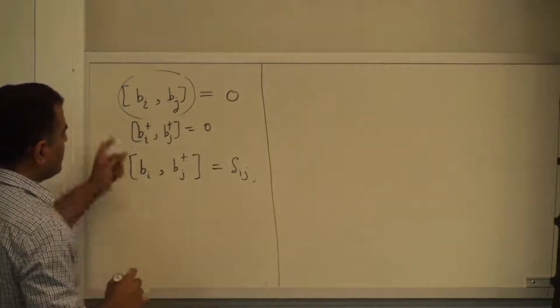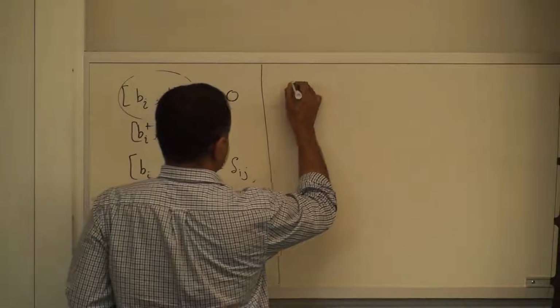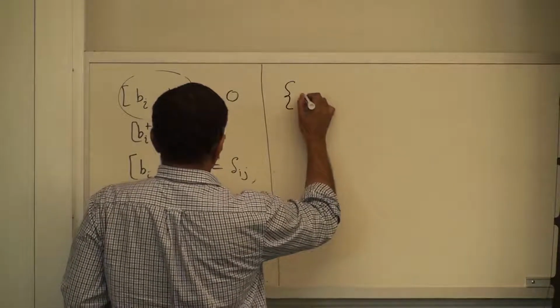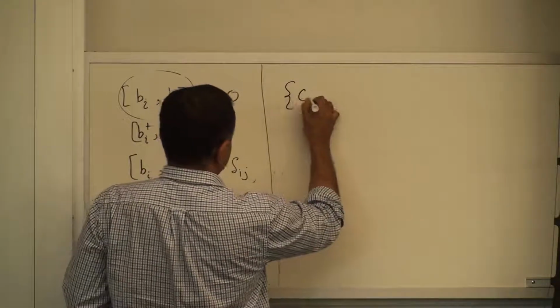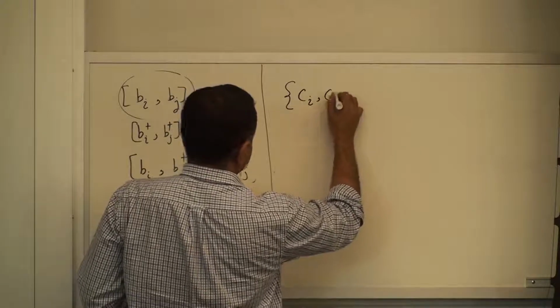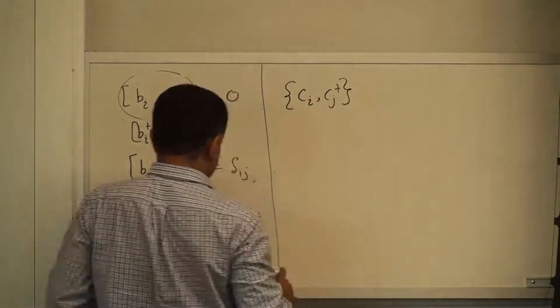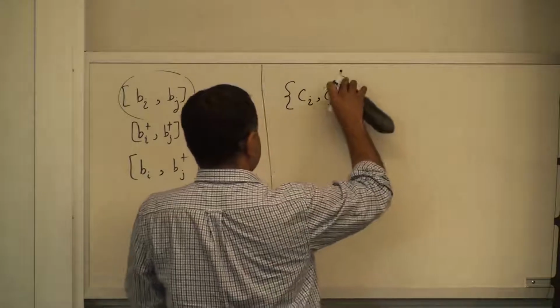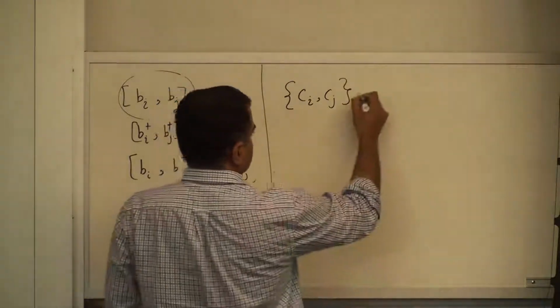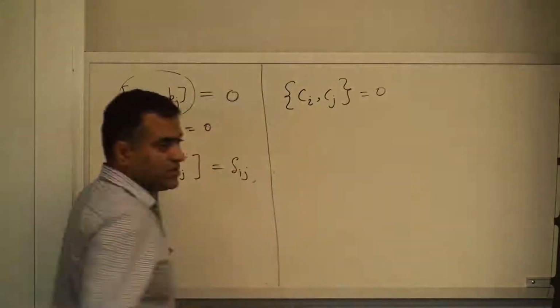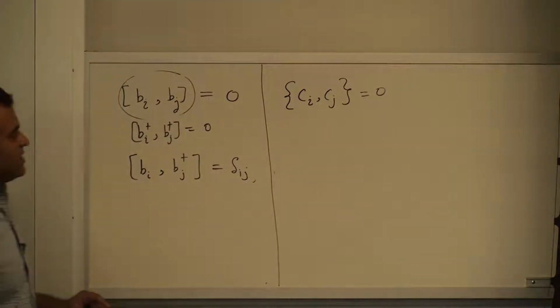And for fermions, on the other hand, we are using this anti-commutator relation, meaning this curly bracket, and we are using C_i, C_j†. So again, for fermions, if I take C_i and C_j, I get a 0. But now it's an anti-commutator. What does that mean?